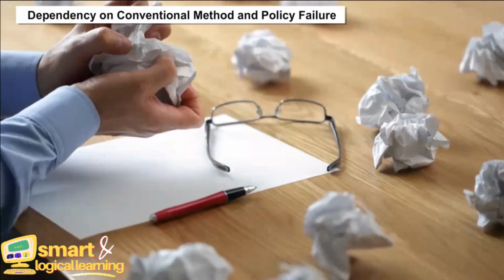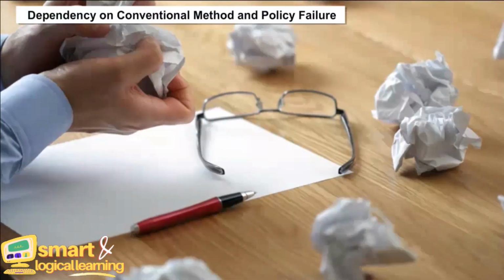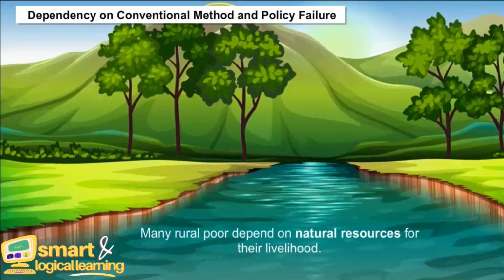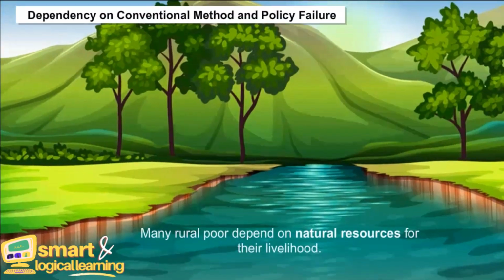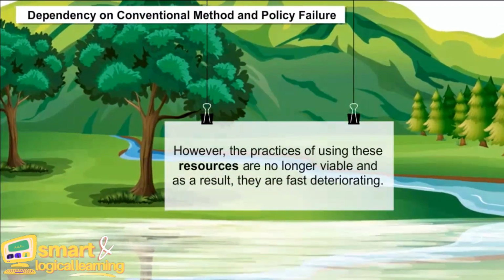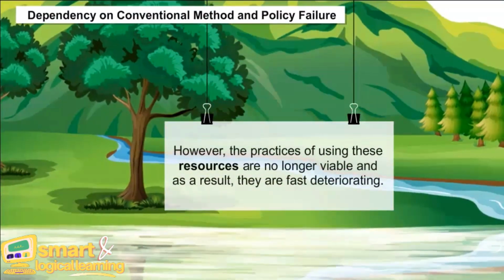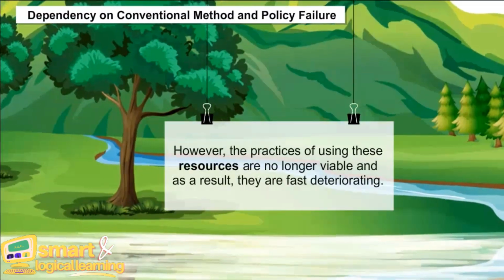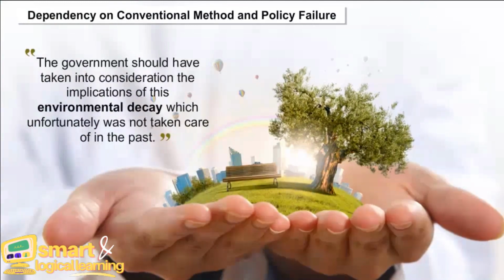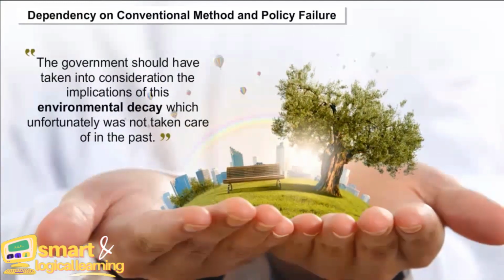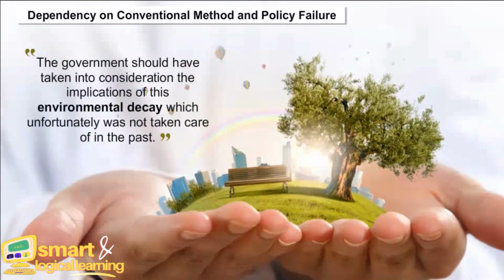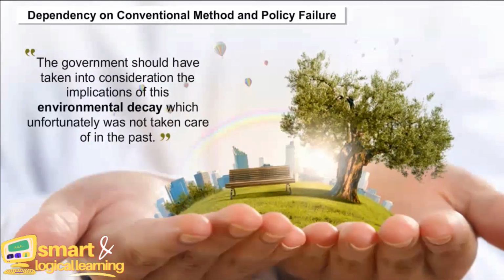Dependency on conventional method and policy failure. Many rural poor depend on natural resources for their livelihood. However, the practices of using these resources are no longer viable, and as a result, they are fast deteriorating. The government should have taken into consideration the implications of this environmental decay, which unfortunately was not taken care of in the past.